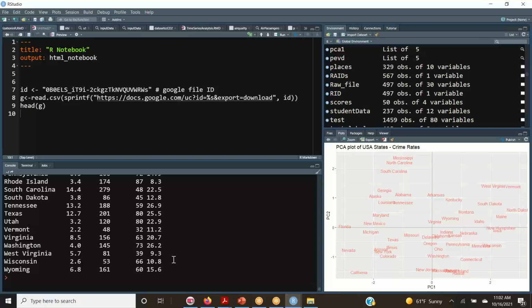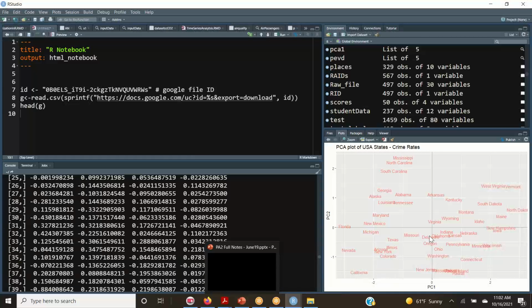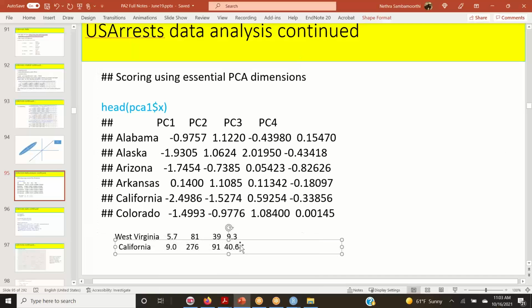So Wisconsin is this. It's low on one side, but high on the other side. It's low on the PC1, but Wisconsin is high on the other side, right? Higher. So compare this one now.